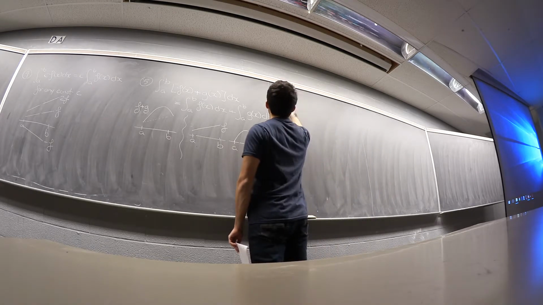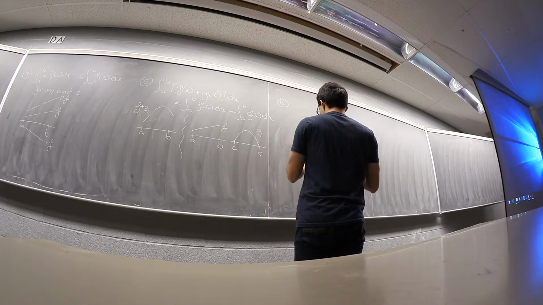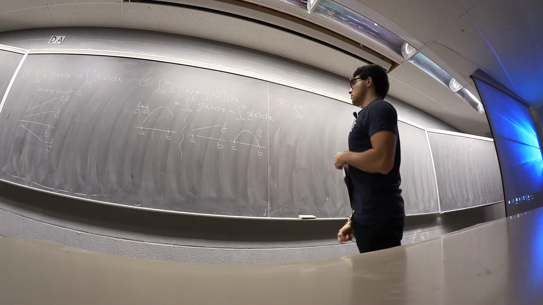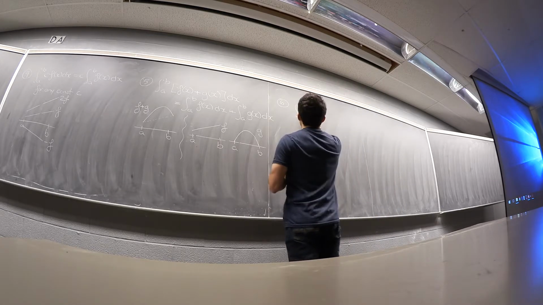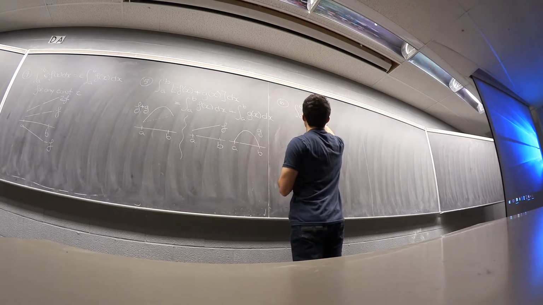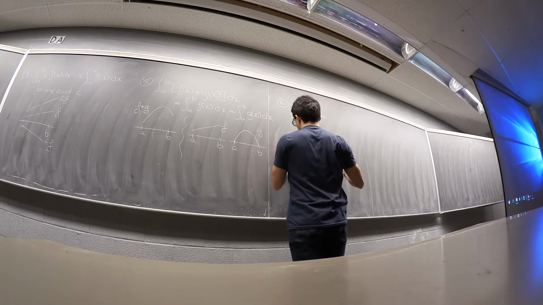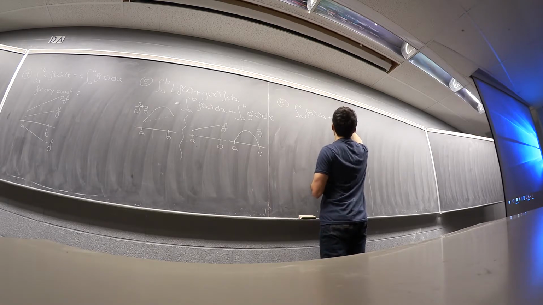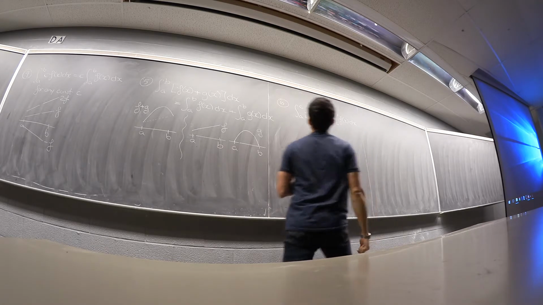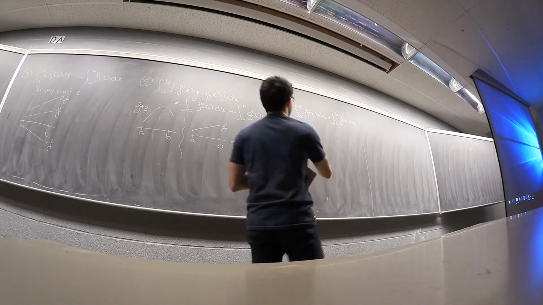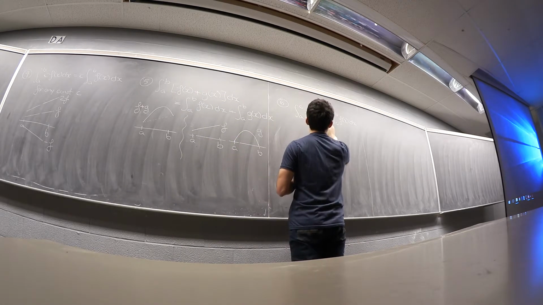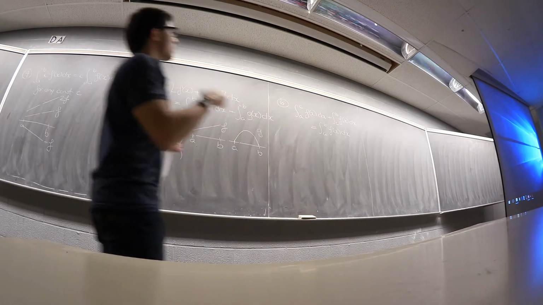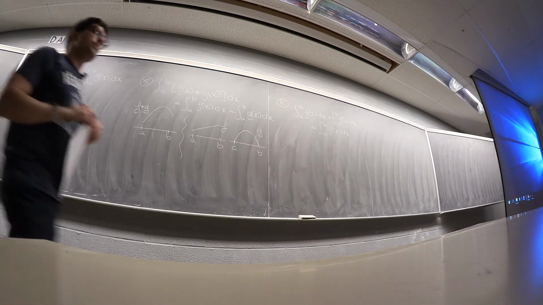Final property. If you have a third point, C, you integrate from A to C, and you integrate from C to B, and you add those two, you get the integral from A to B. Yes, ma'am.